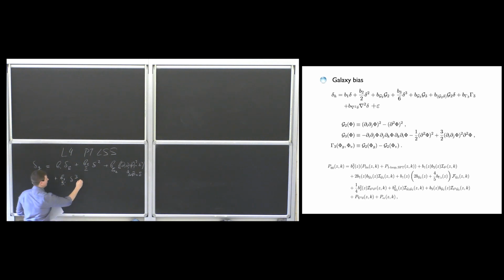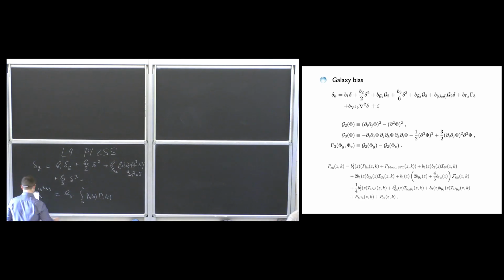Delta cubed, right? And these terms will produce contributions that are 100% degenerate with the linear bias term. In particular, P13 of delta cubed and delta will be simply B3 times the mass variance times P11 of K. And we discussed that this leads to an unobservable renormalization of linear bias parameters.